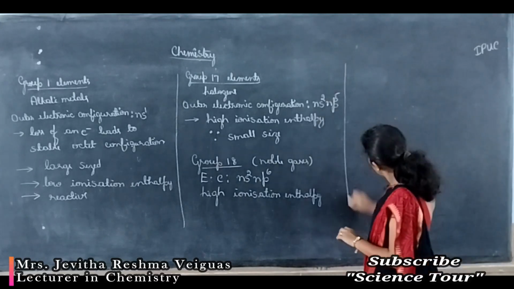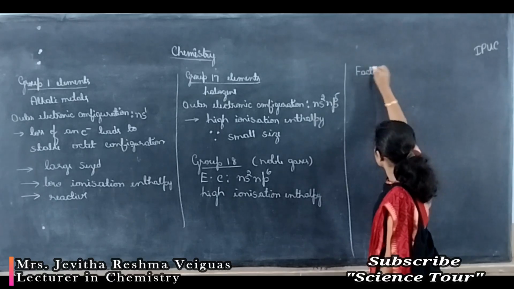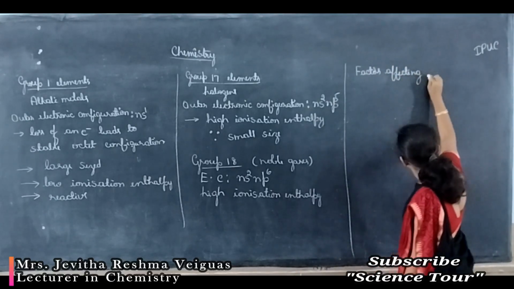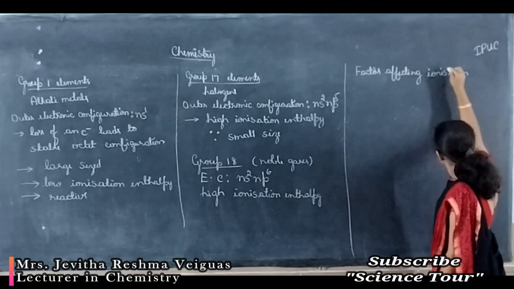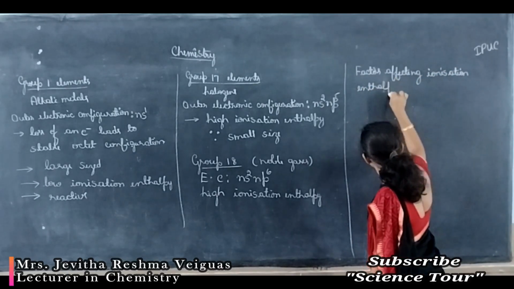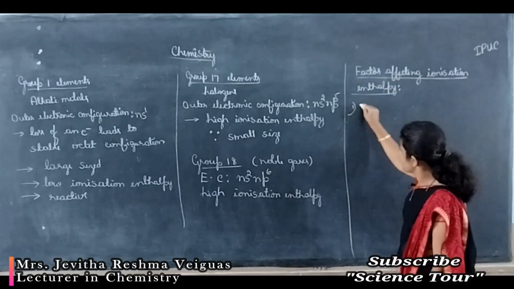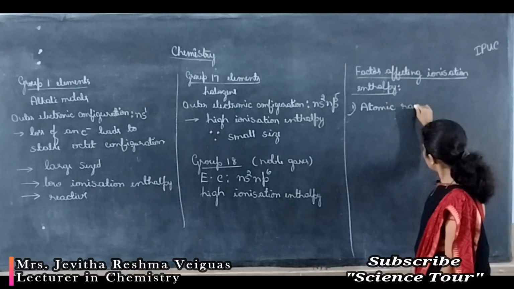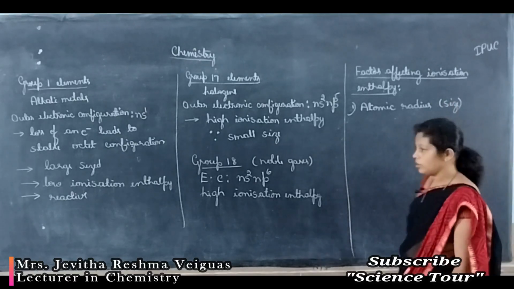Now, which are the factors affecting ionization enthalpy? The first one is atomic radius. Atomic radius indicates atomic size.